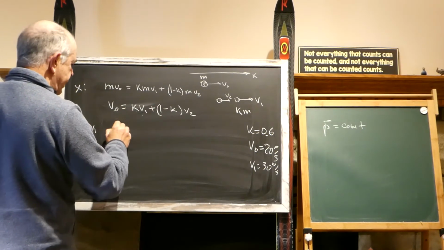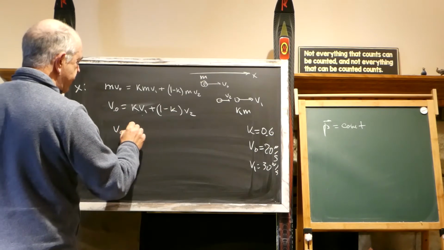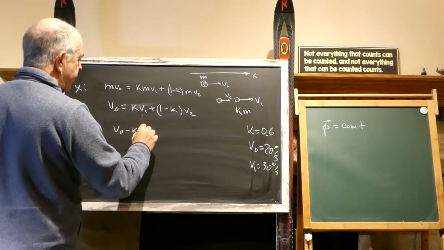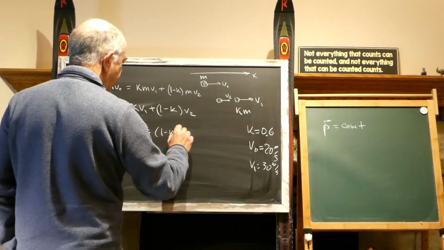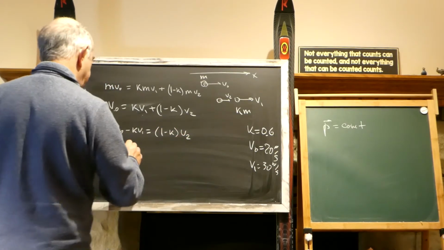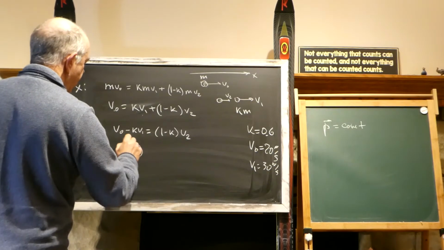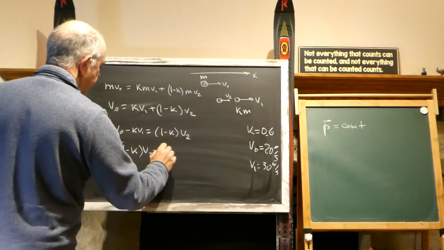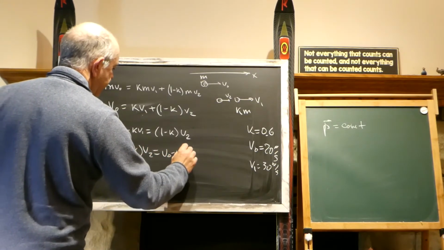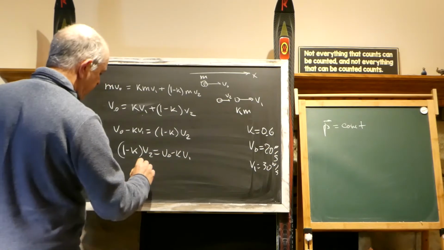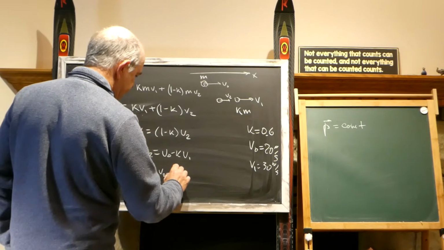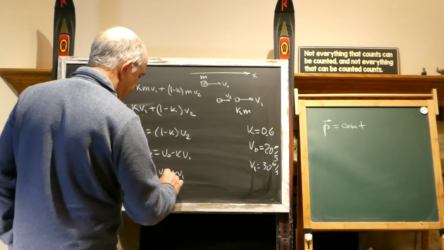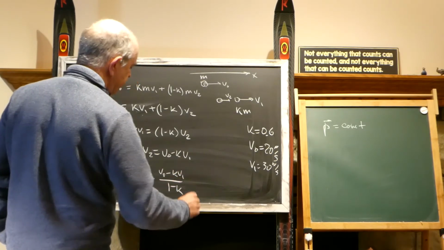This will be cancelled and this will become v0 minus kv1 equals 1 minus k times v2. We move it here, 1 minus k times v2 equals v0 minus kv1, and we obtain v2 equals v0 minus kv1 divided by 1 minus k.